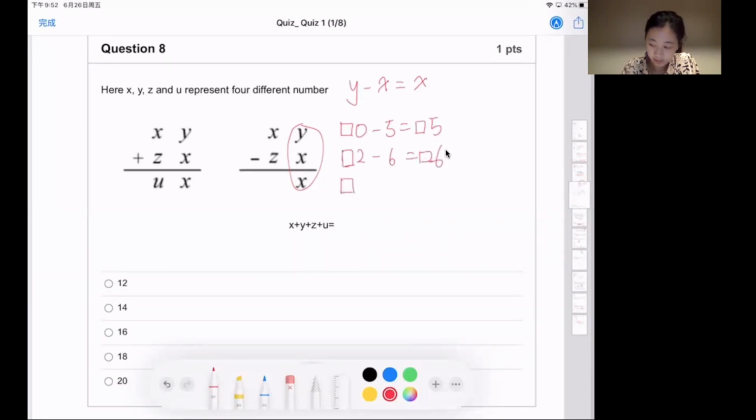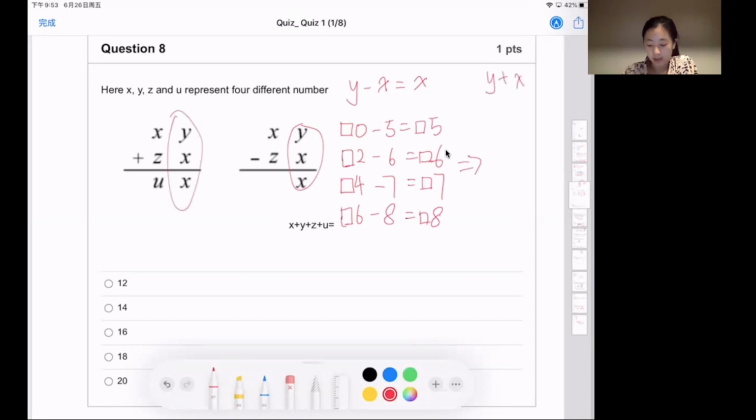Some number ending with 4 minus 7 equals some number 7. Some number 6 minus 8 equals some number 8. And then for all these first 4 situations, we also need to do the plus here.